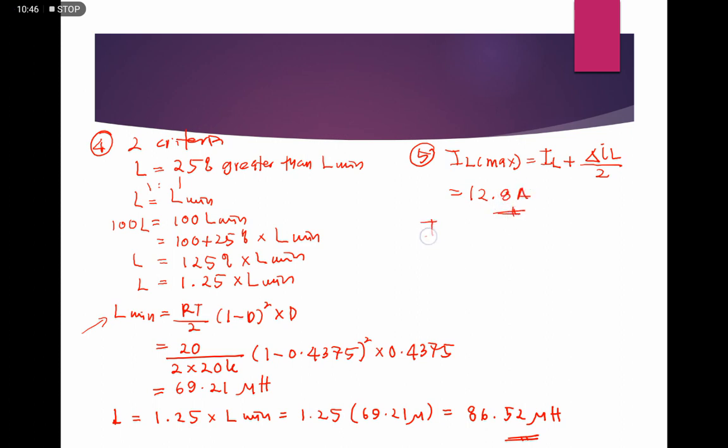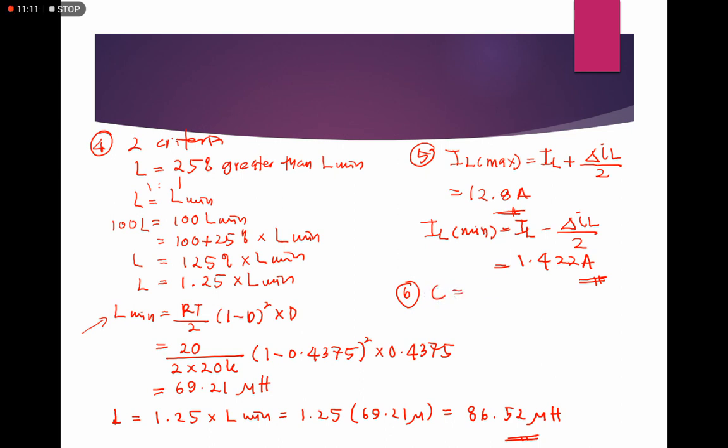And then for your IL min, which is your IL minus delta IL over 2, you will get 1.422 ampere.